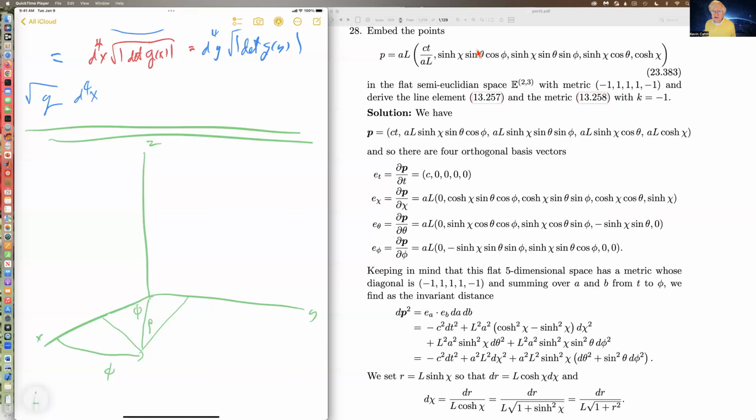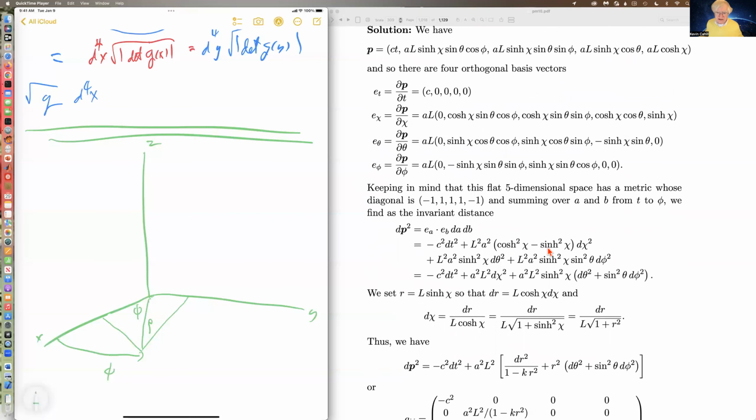To get E theta, we differentiate with respect to theta, and we get cosine theta here, cosine theta, minus sine theta, and 0. So that gives us this vector. And then if we differentiate with respect to phi, we get a sine phi here, cosine phi there, and zeros. So we get 3 zeros, and then these terms.